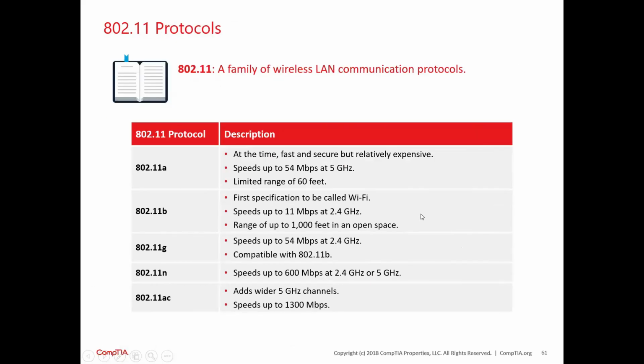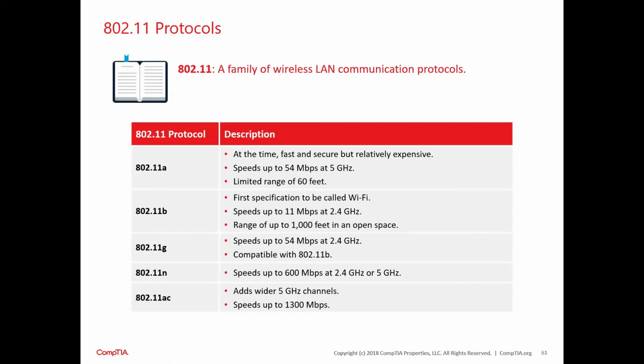You also need to understand the different types of wireless communication protocols used for 802.11 wireless, starting from 802.11a up to AC, the latest, which supports up to 1,300 Mbps and has a wider 5 gigahertz channel.